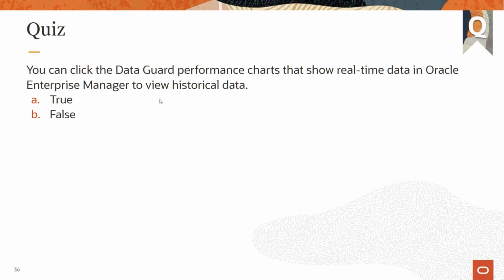But we also have other options, 24 hours and 7 days, that give you historical data. But I will hold the answer to this quiz, because the question is not clear enough.